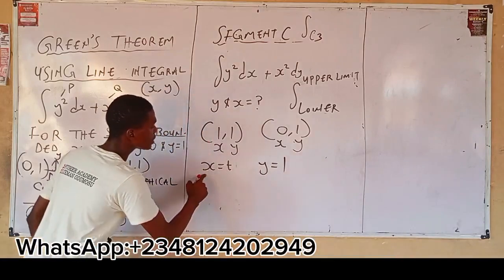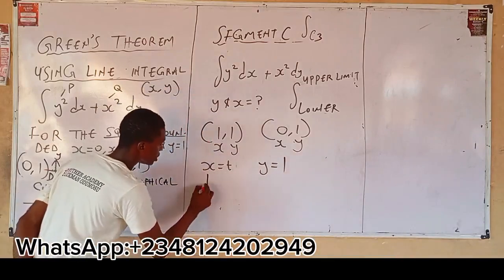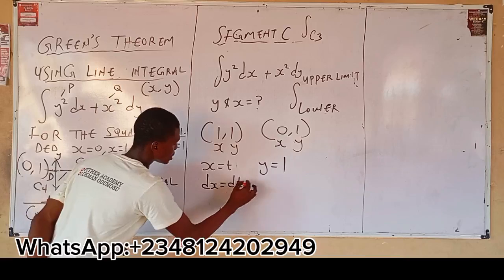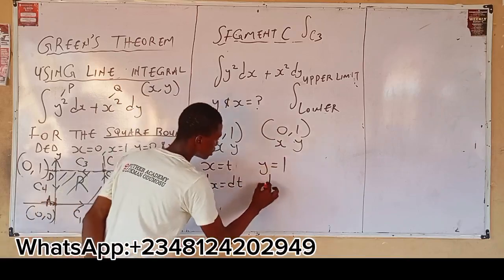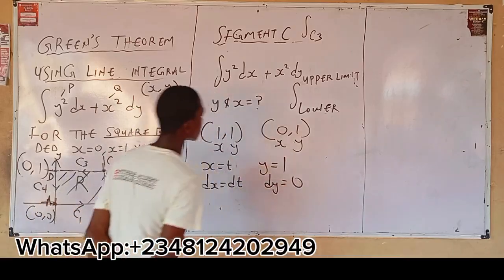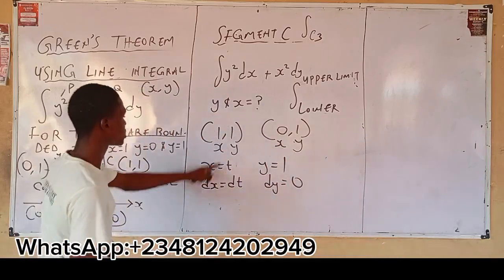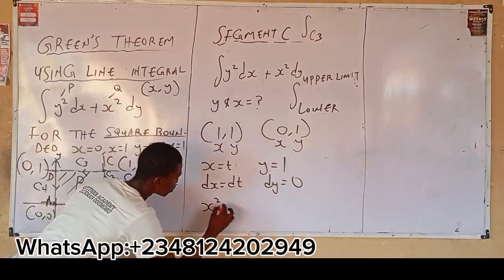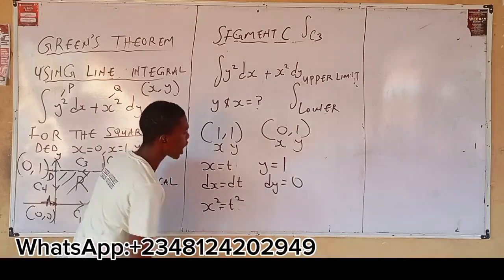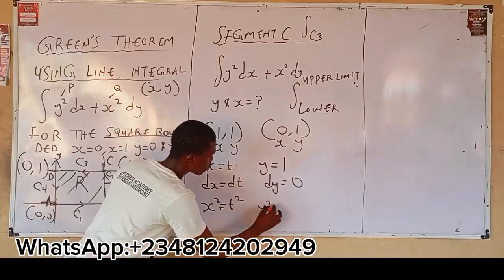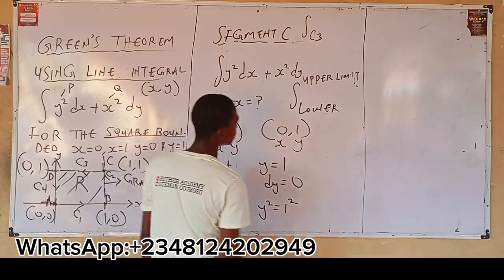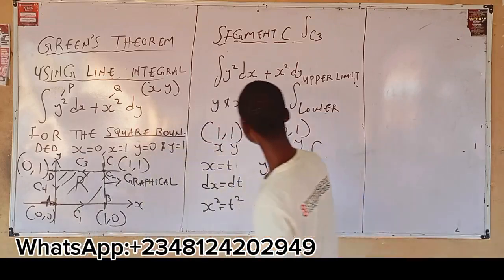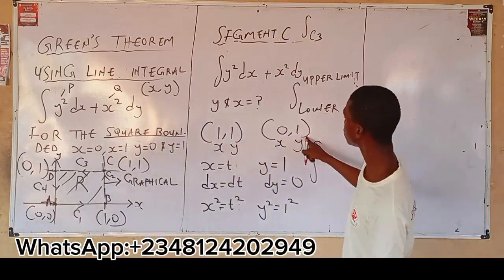Now, if x is equals to t, the dx will be what? dt. If y is equals to 1, the dy is equals to what? 0. Also, if x is equals to t, x squared will be what? t squared. If y is equals to 1, y squared will be what? 1 squared.